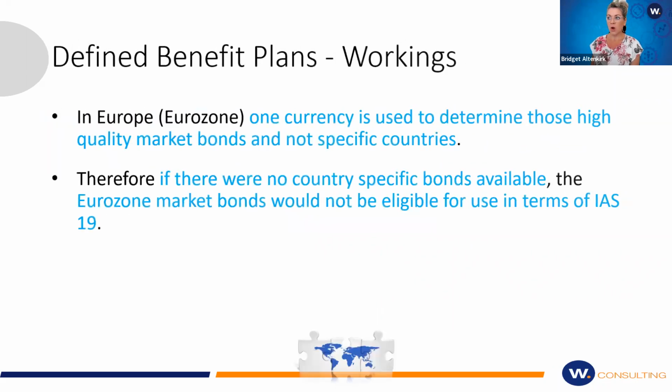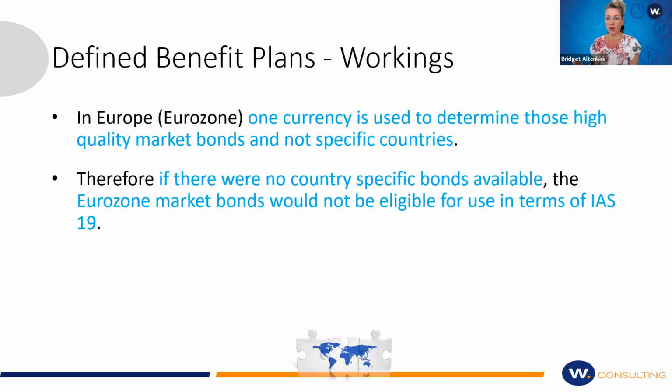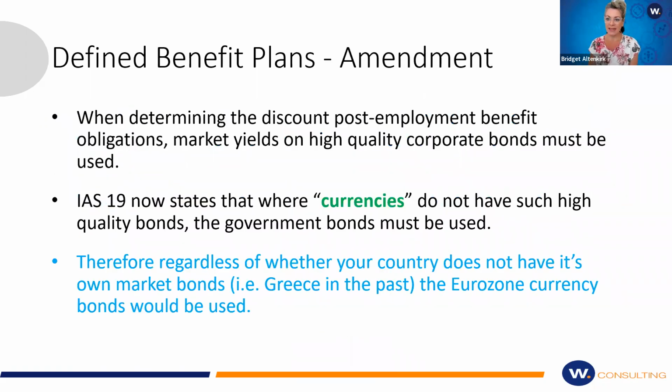The question was, what rates should those entities within the Eurozone be using? So they amended IAS 19 to say you must look at high-quality corporate bonds, and if there is no high-quality corporate bond, you look at the currency and use the government bond for that particular currency. So if they all have the euro, they can look at Eurozone currency bonds as an approximation of the starting point for that discount rate.